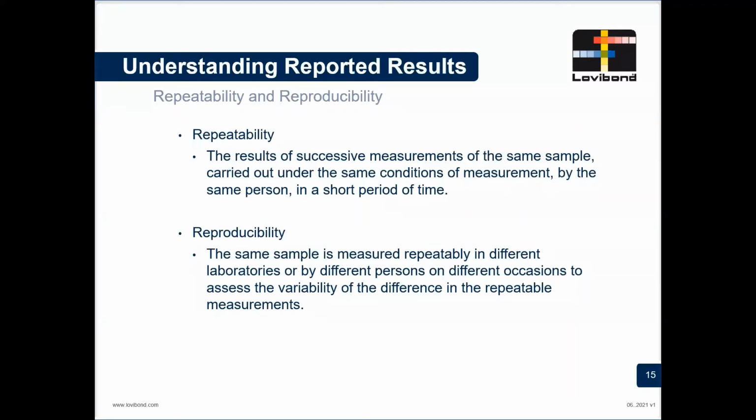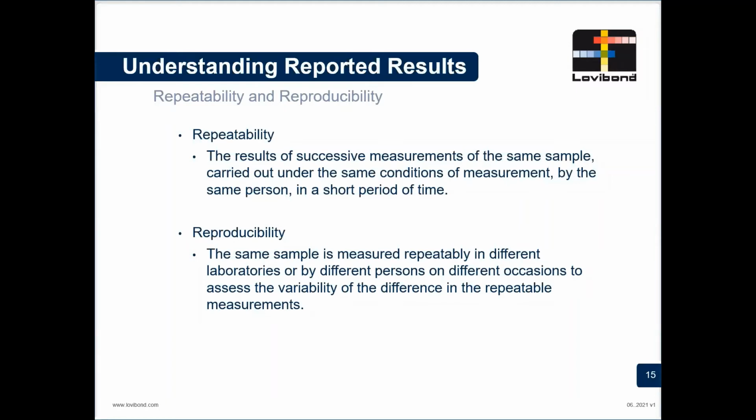So we're looking at the difference between the repeatable results from one lab to the other lab. And that's potentially going to be a much bigger value, because we've got to factor in things like a different instrument, a different location, different sample preparation maybe. And so there's going to be a difference between the two labs due to this.